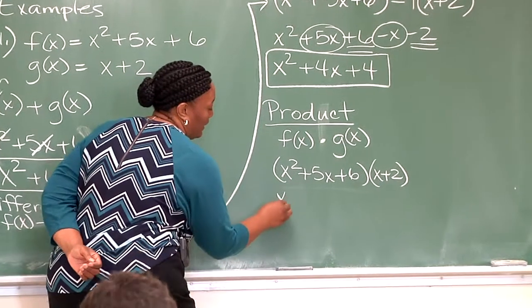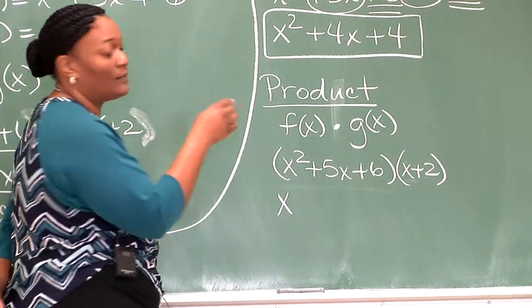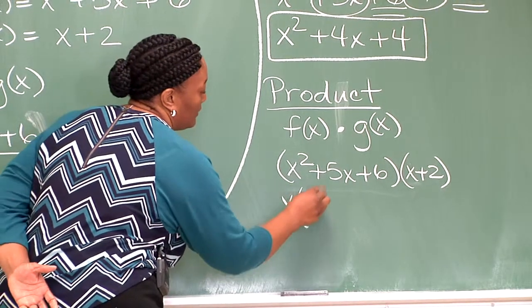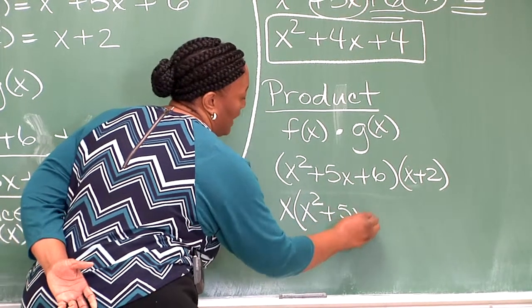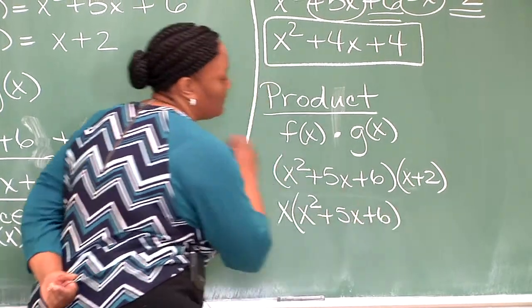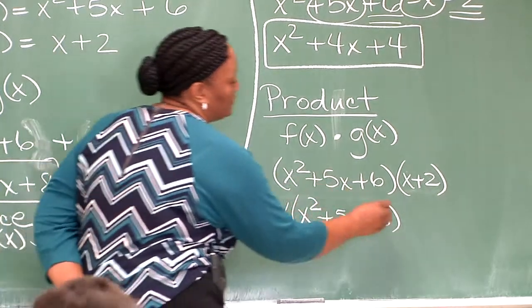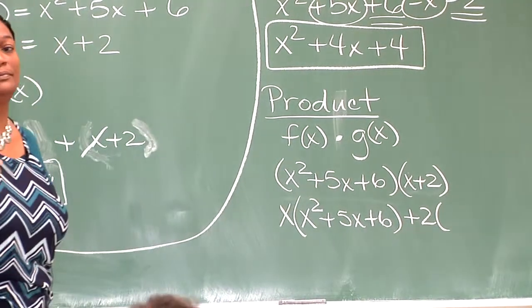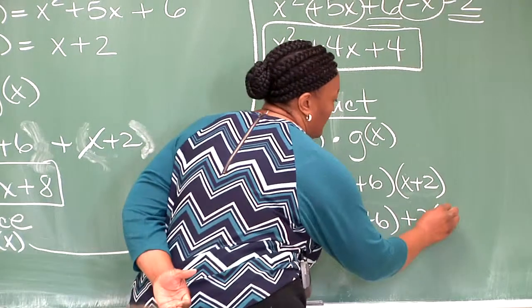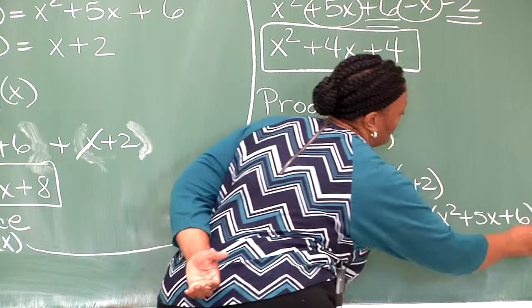I'm going to take x, and that x comes from right here, and multiply this x by x squared plus 5x plus 6. Then I'm going to take positive 2 and multiply it by everything also. So that's x squared plus 5x plus 6.